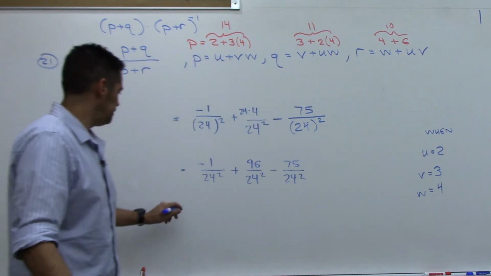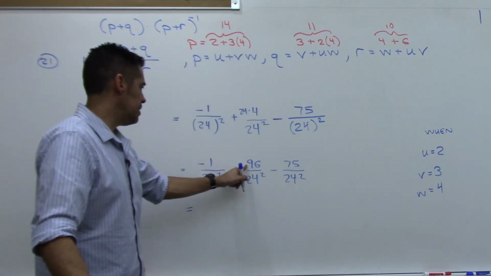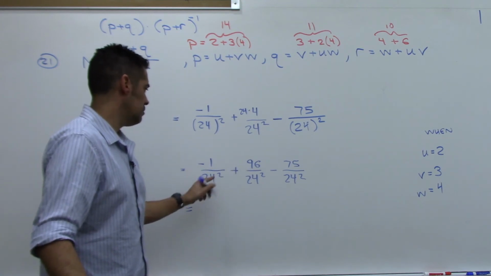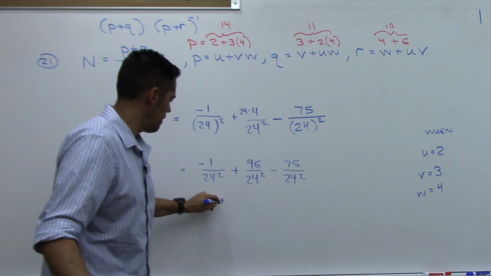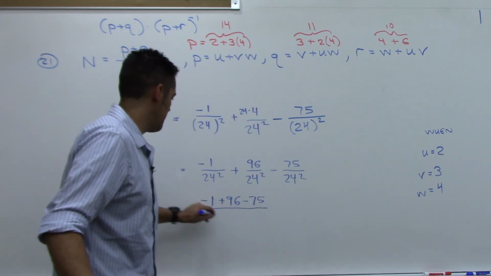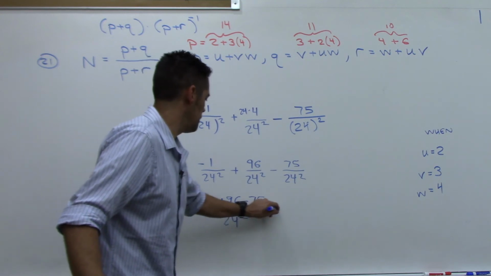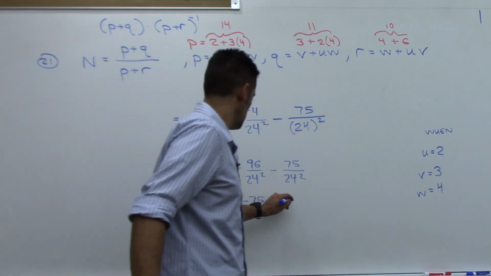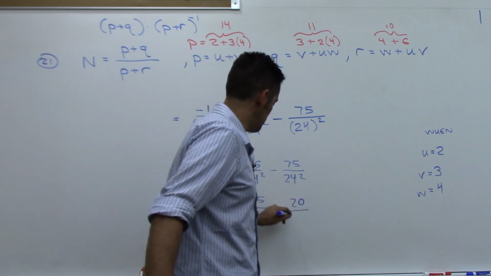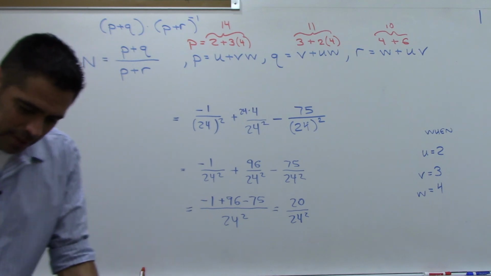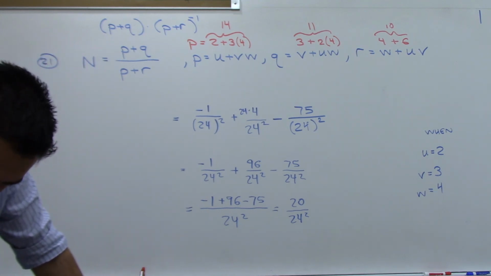So we've got 96, take away 1 of these. Since they all have the common denominator, I'm doing this. So I believe the top is 20 over 24 squared. Now, let me check this. 21, I'll be upset if I mess something up here.